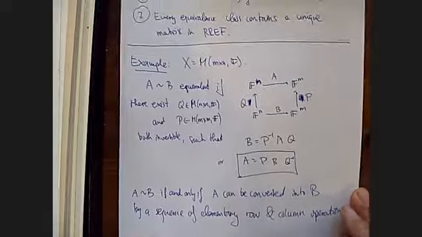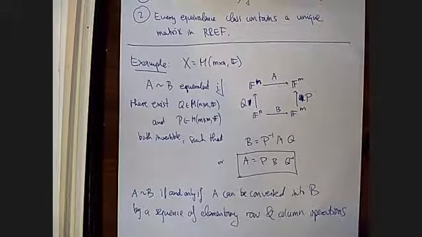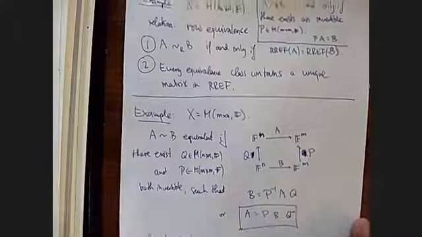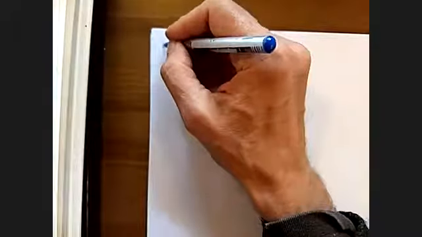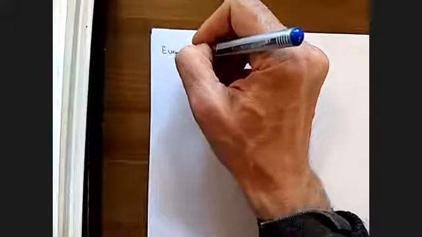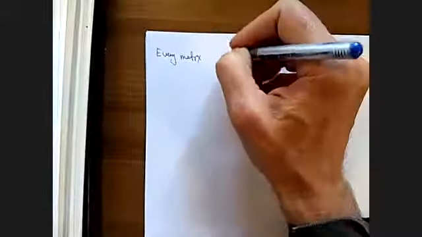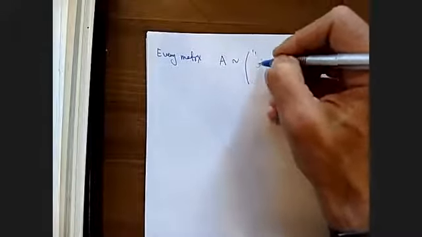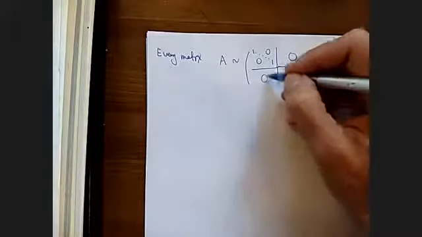Previously, I was only allowed to do row operations, and I was trying to find a row equivalent matrix which was as simple as possible, and that was the matrix in reduced echelon form. But now if I'm allowed elementary row operations and column operations, then every matrix A is equivalent to a matrix like this, where I have just an identity matrix up here in this corner, and otherwise nothing but zeros.